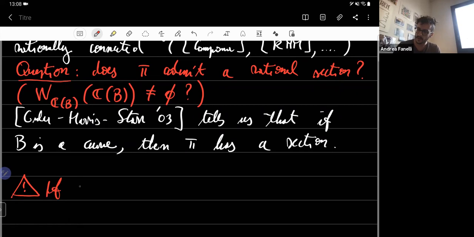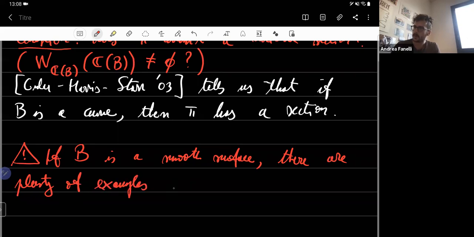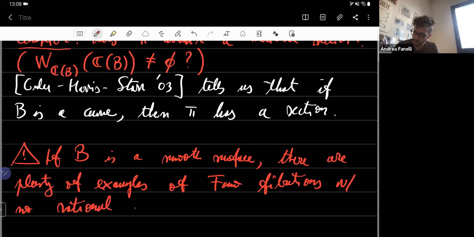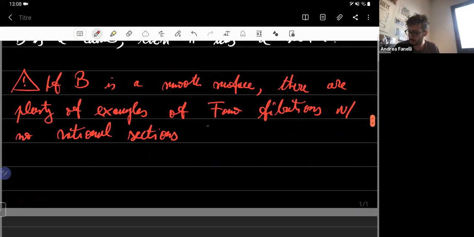So if B is a smooth surface, there are plenty of examples of Fano fibrations with no rational section. I think the examples are conic bundles over P², many conic bundles over P².